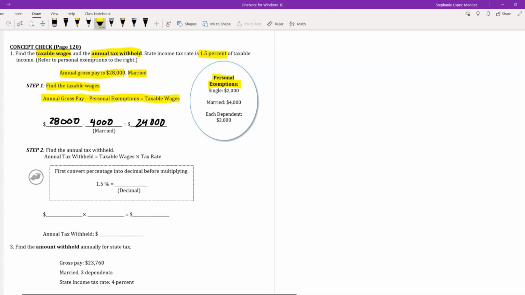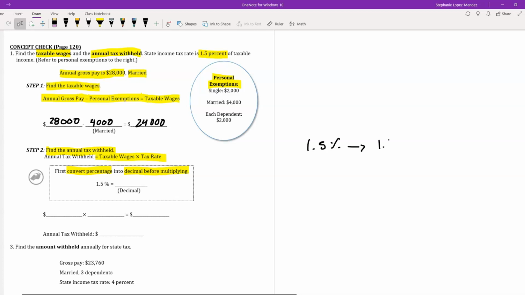Now my step number 2 says find the annual tax withheld and use the formula annual tax withheld equals taxable wages times tax rate. There's a little note here that says first convert percentage into decimal before multiplying. So then we have 1.5%. Remember, our first step is to drop the percentage sign.